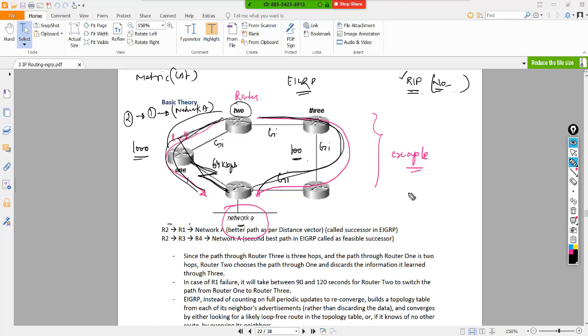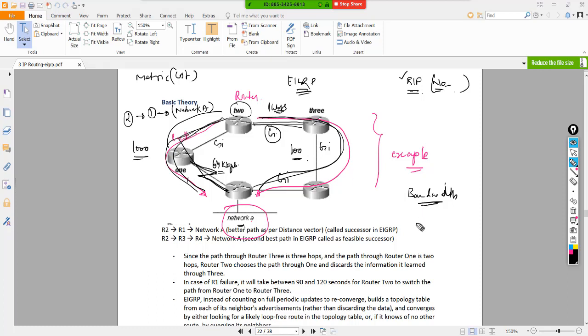Now what are those factors? Factors like bandwidth. What is bandwidth? Bandwidth is nothing but the maximum data that this link can transmit at a time. In case of giga, the bandwidth of this link is 1 gigabit per second, whereas in case of serial it's just 64 kbps. So what is EIGRP going to consider?